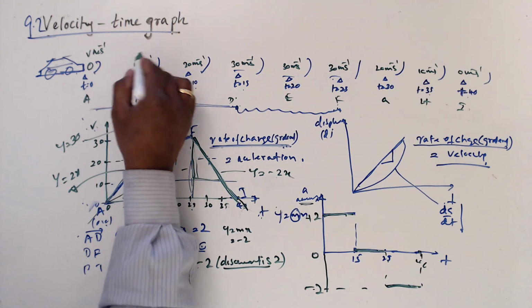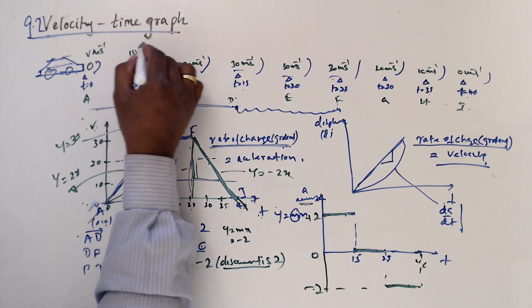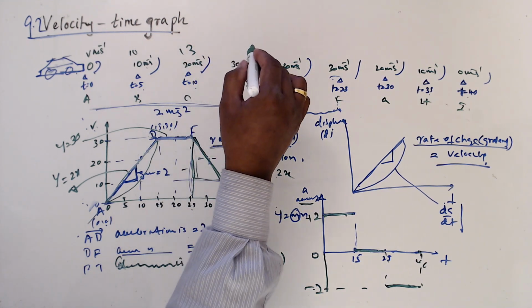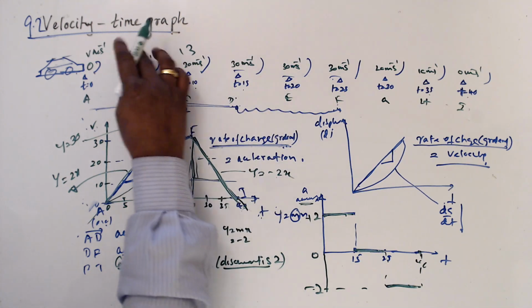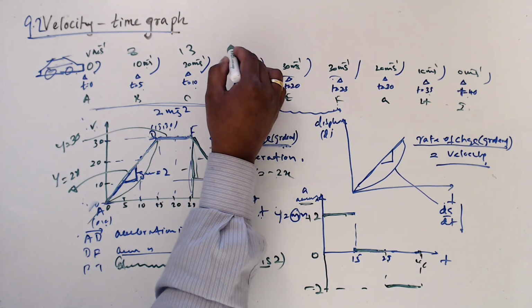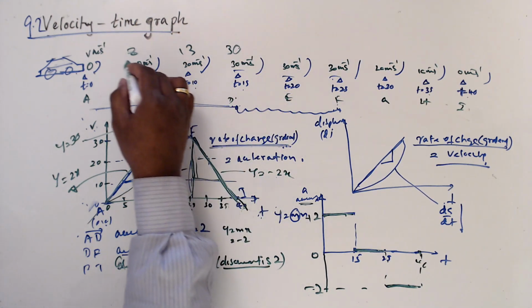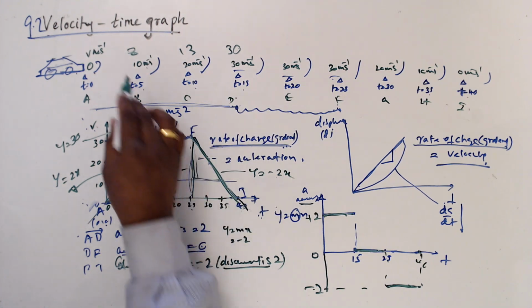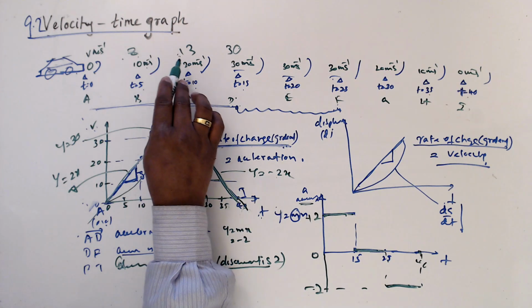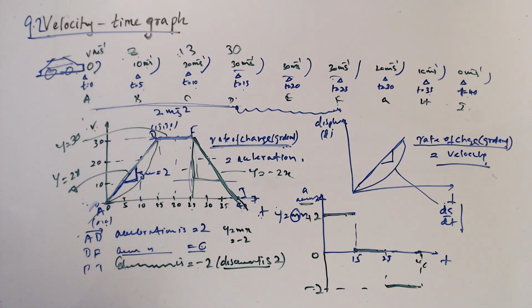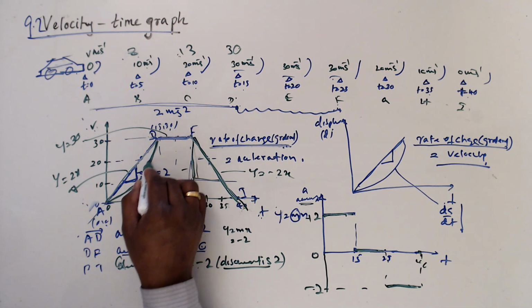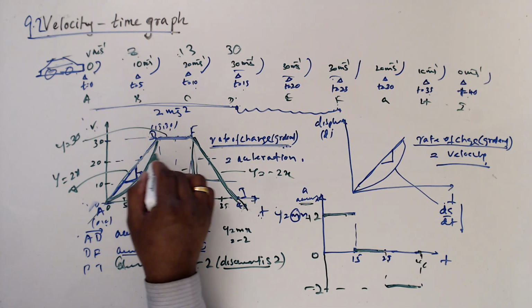Let's say 10 and then 13, actually let me say 8, 13 and this is 30. So these are not uniform, I mean constant speed, constant velocity.